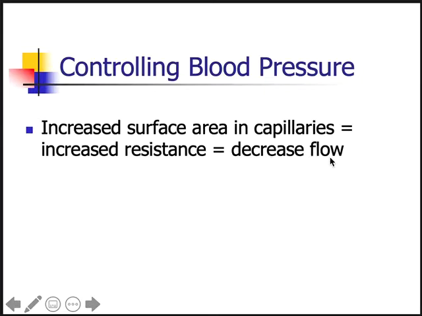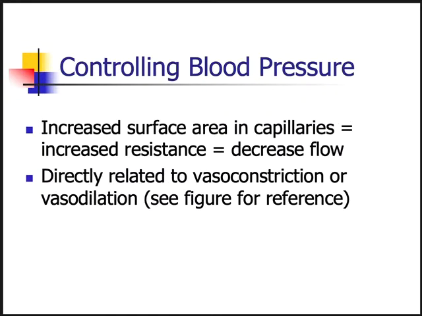It just so happens you also have a decreased pressure because you're farthest from the heart. This is directly related to vasoconstriction or vasodilation. The amount of resistance can go up if you constrict or go down if you dilate.